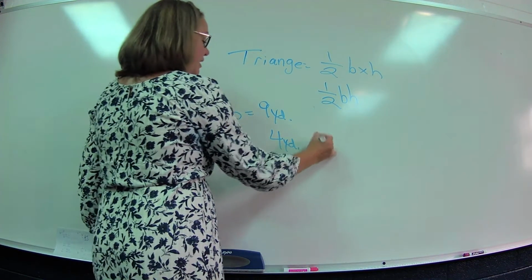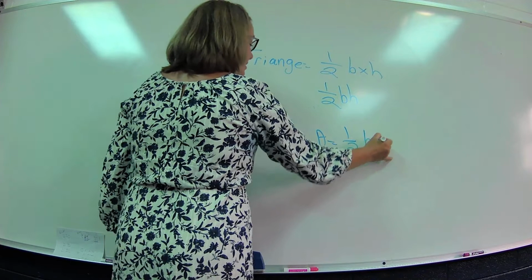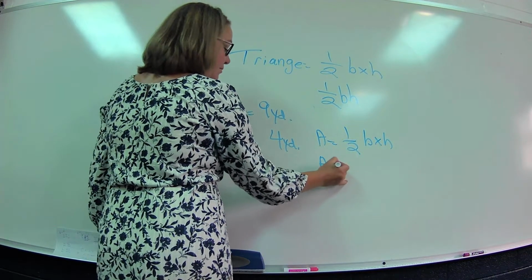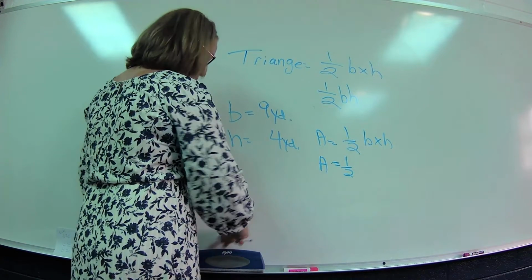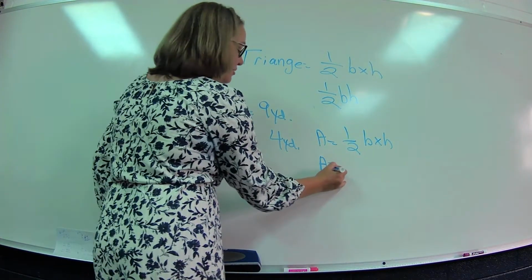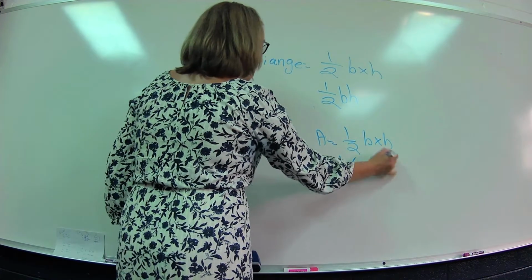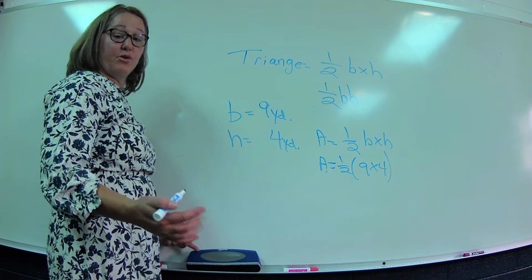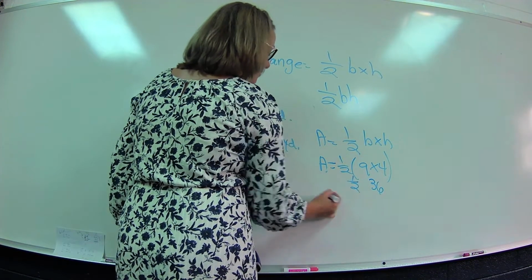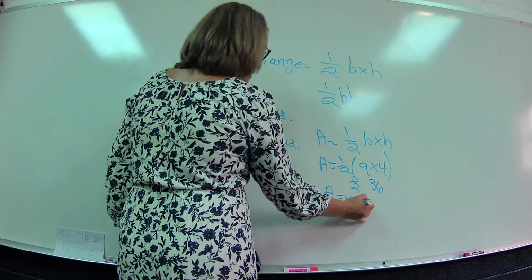All right, so area equals 1/2 base times height. Now I can put 9 times 4. If I do 9 times 4, I would get 36, and 1/2 of 36, my area would equal 18 square yards.